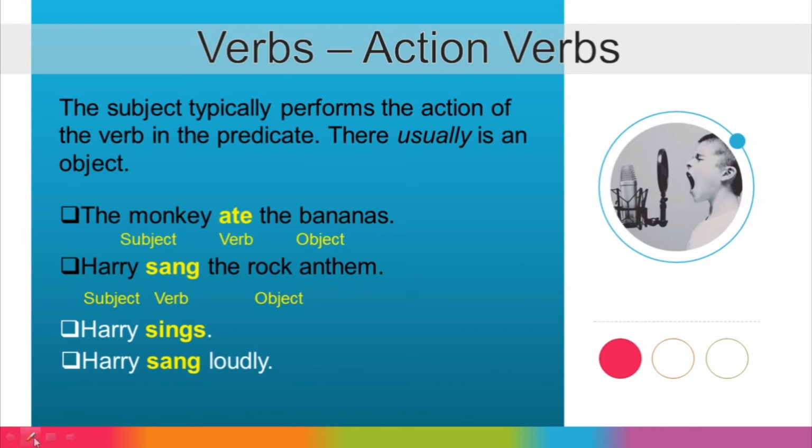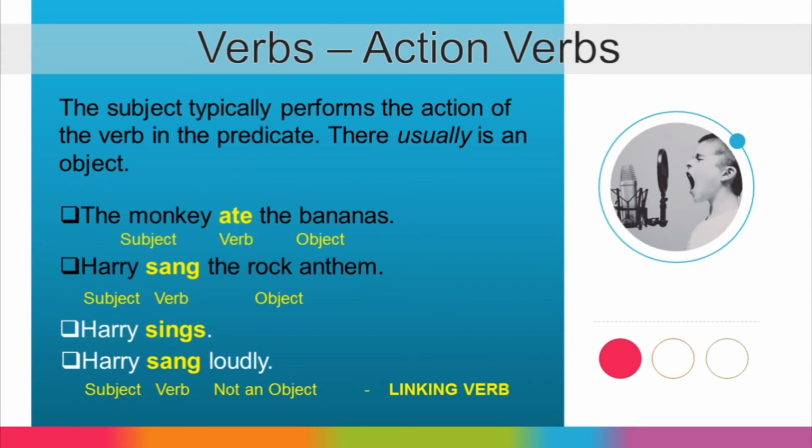Also, if you add some more information about the singing, for example, Harry sang loudly, this is not considered an object because this gives more information about the singing. This is not a noun. Harry is the subject, sang is the verb, and loudly is just an adverb describing how Harry sings.